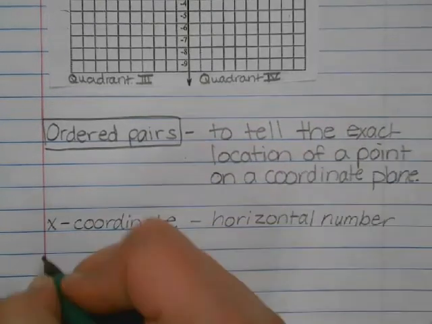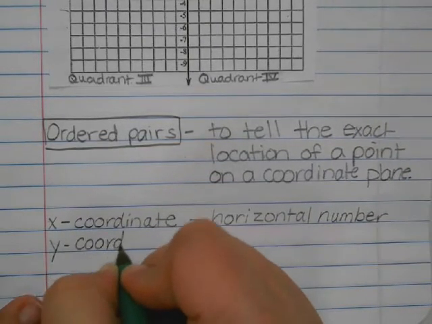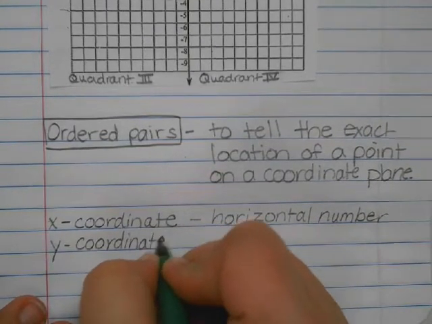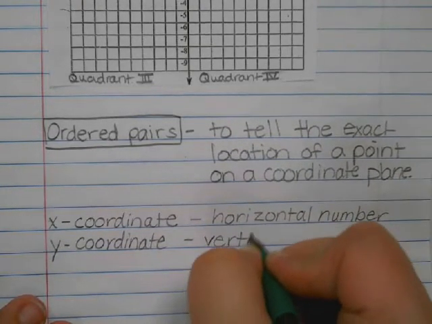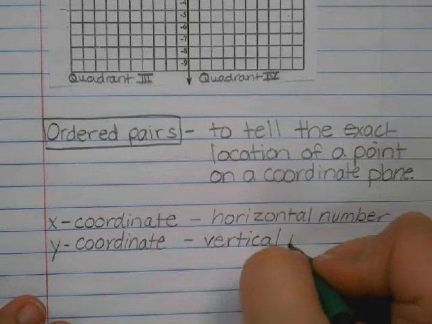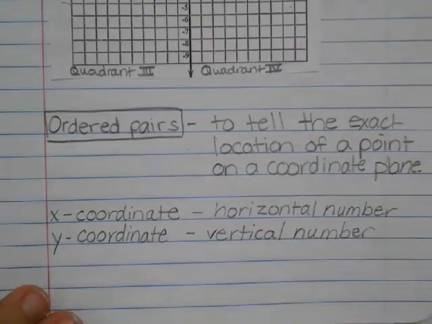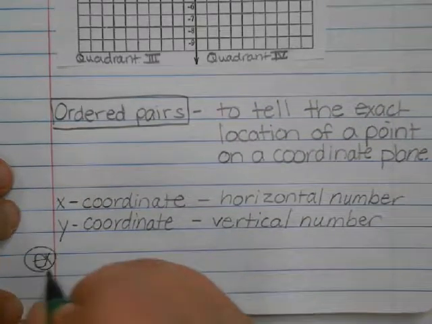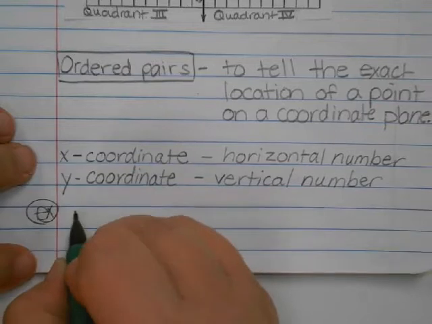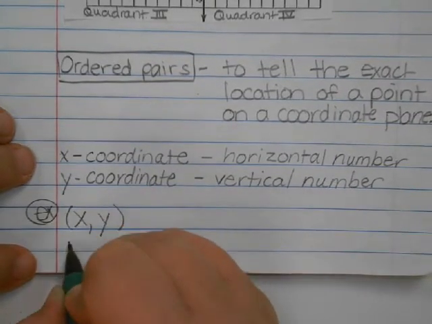Then you have a y coordinate, and that gives you your vertical number. So for example, it would look like this when you see it written as an ordered pair.